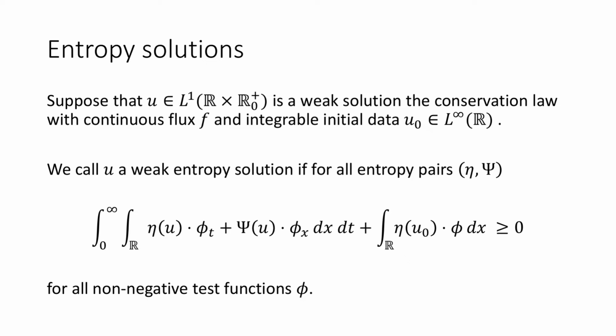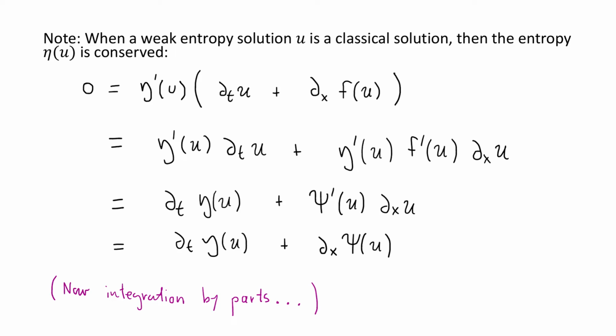So again, we may think of phi as some bubble that at some point emerges locally and then vanishes again. If that inequality is satisfied for all such non-negative test functions phi, then u is called a weak entropy solution. Please notice that this inequality must also be satisfied for all possible entropy-entropy flux pairs.